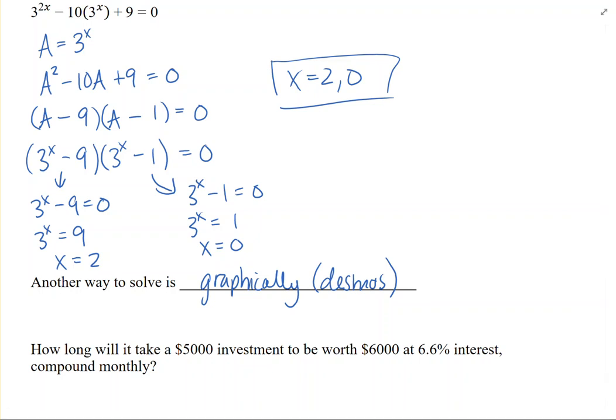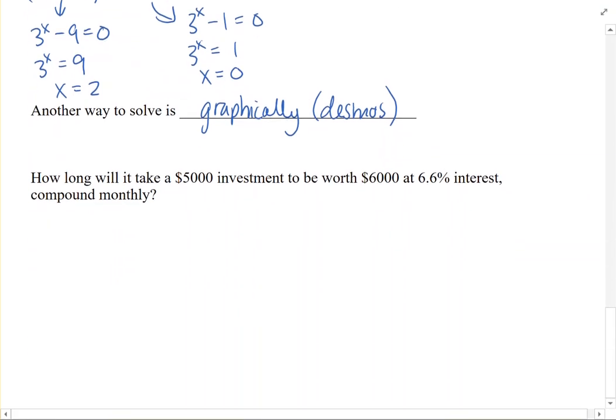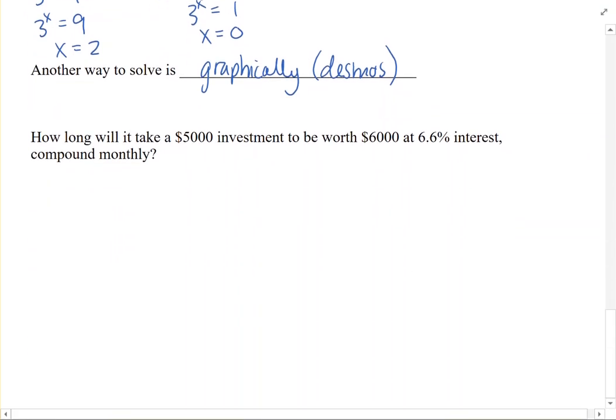All right, so let's end it off by looking at a word problem and how we could build this. How long will it take a $5,000 investment to be worth $6,000 at 6.6% interest? Now remember, this 6.6% interest is an annual thing. Even if it's not written out as annual, that's what it means when it comes to interest, okay?